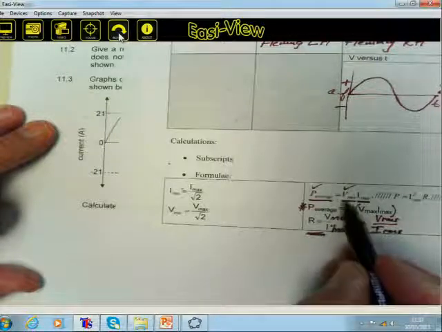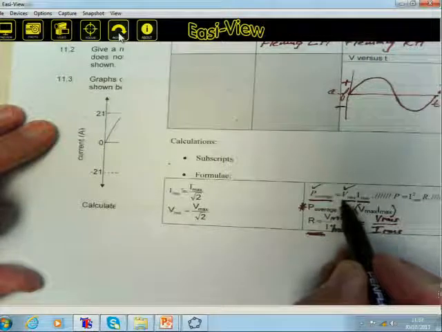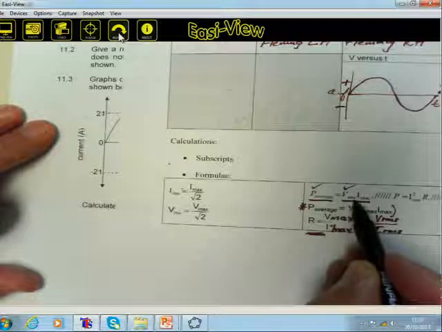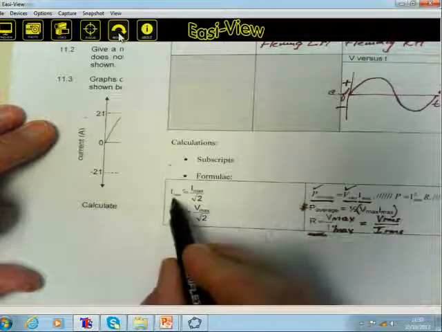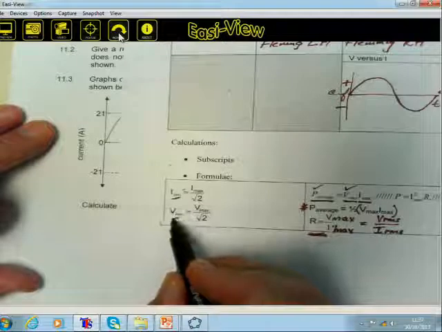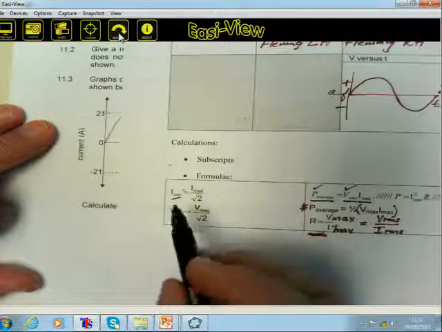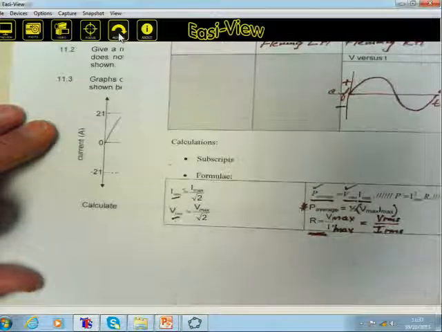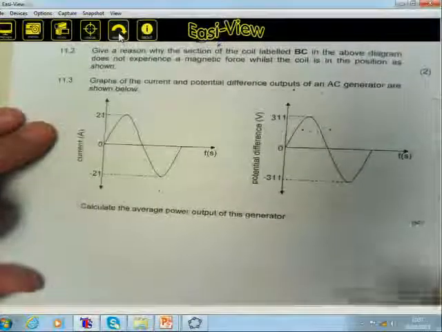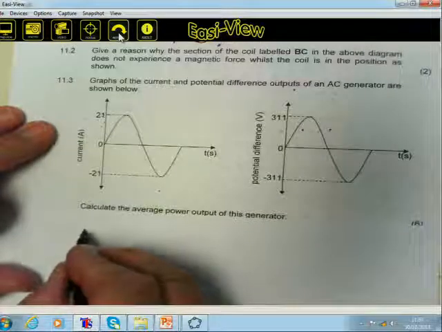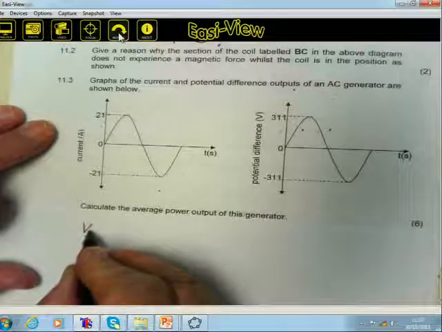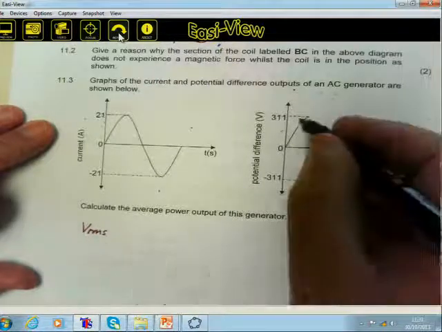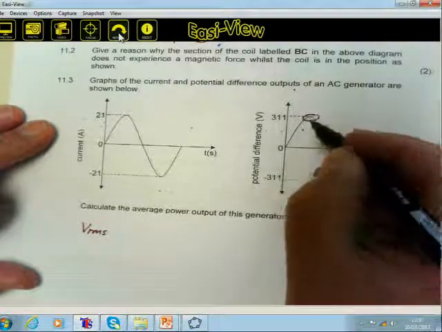And now this formula indicates that you need the VRMS and the IRMS. So definitely you will use these two formulas to calculate IRMS and VRMS. So the first step now is to calculate, say for instance, VRMS, and we derive the values from this graph.